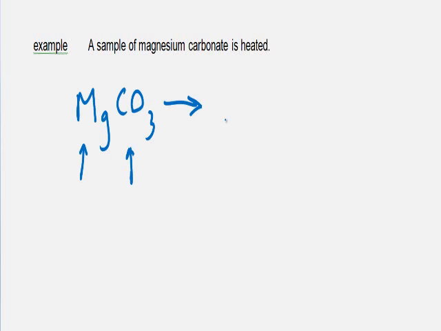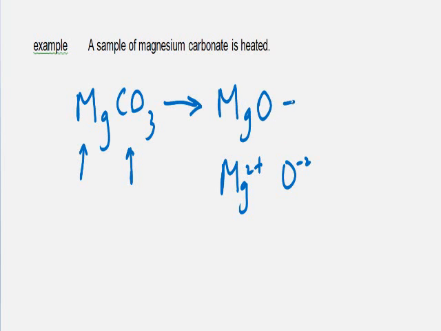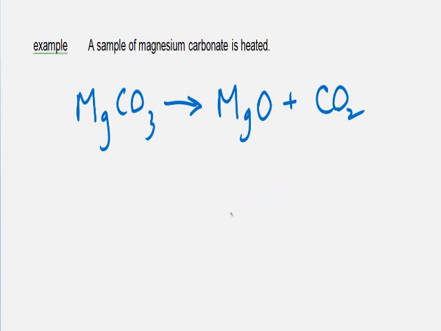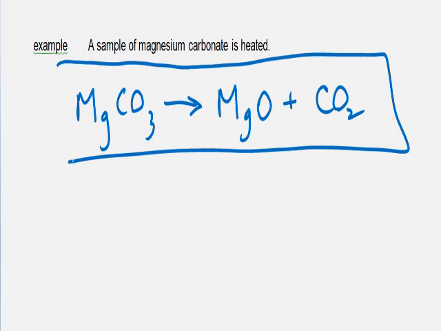This will decompose into a metallic oxide. Magnesium is a +2 ion, oxygen's -2, so this magnesium oxide would be MgO for our metallic oxide, and then we also make carbon dioxide gas. And this would be our example of a metallic carbonate decomposing into a metallic oxide and carbon dioxide.